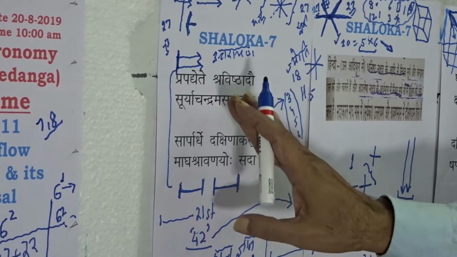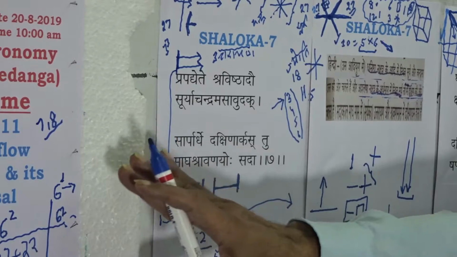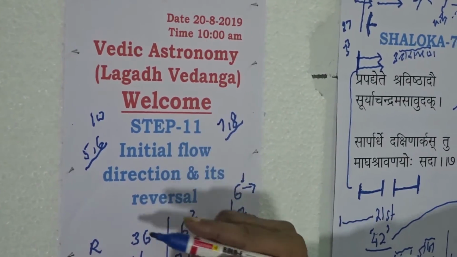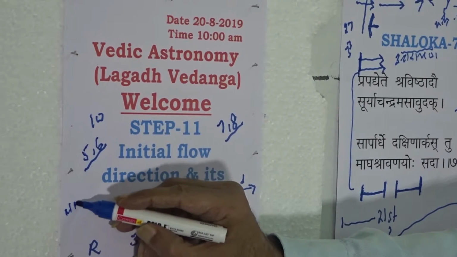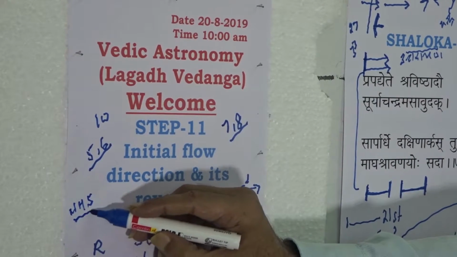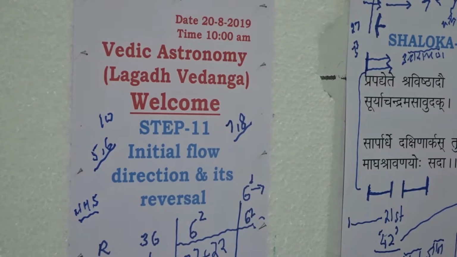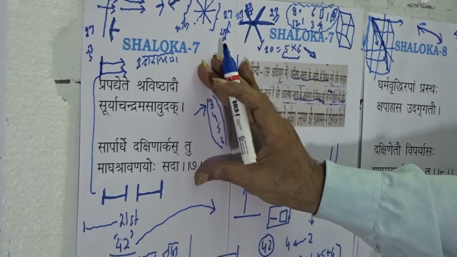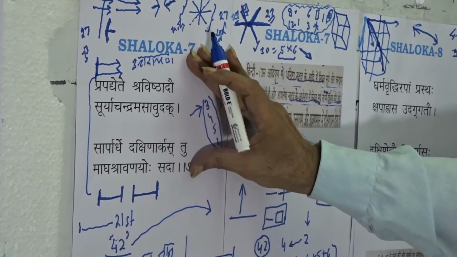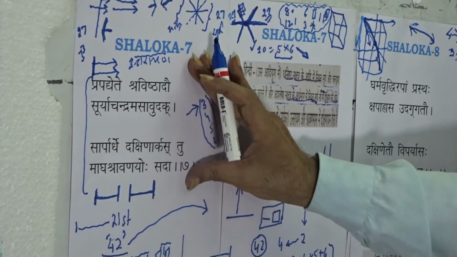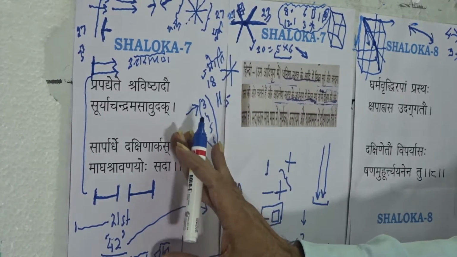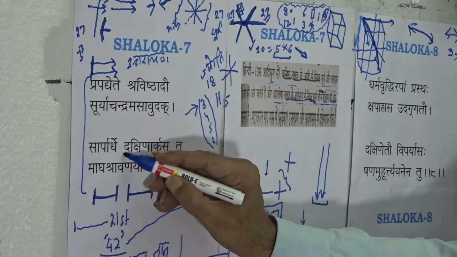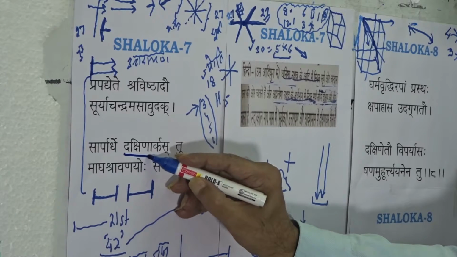The direction of this initial flow is in the northern hemisphere, and this flow is in progression, up till a particular stage, and thereafter there is going to be a reversal.